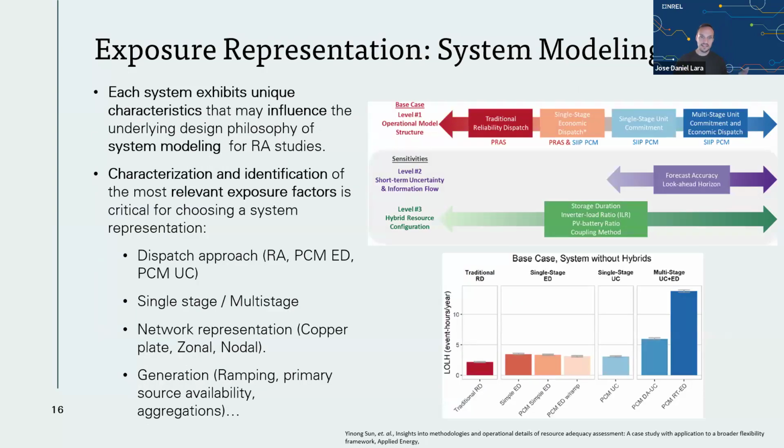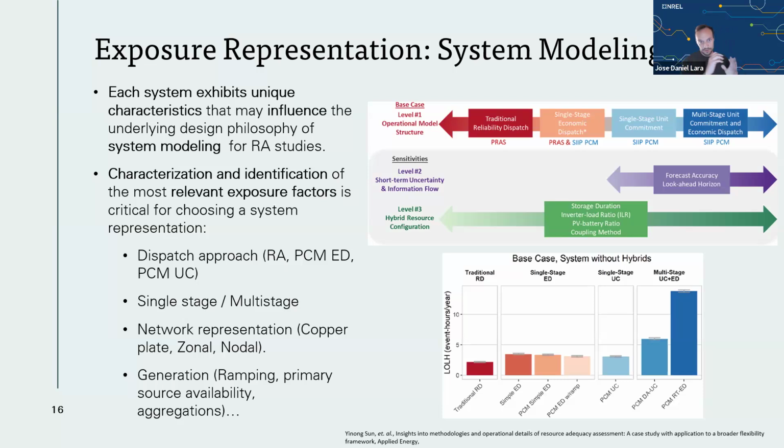Right, so this exposure representation, again, we can put it in a continuum that goes between this classical probabilistic tool like PRAS, where there is no actual dispatch, no intertemporal correlations, and no transmission network. If we model that, we can get some information about how many hour event years we get, and we can go all the way to the other extreme, where we have a large amount of detail that goes into the system, where we run multiple stages, your UC-ED, and it has a dispatch approach that includes multi-stage simulations with the representation of the network.